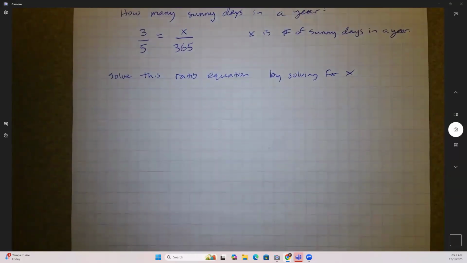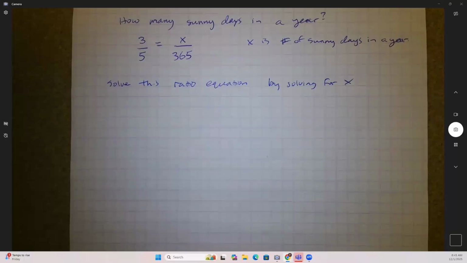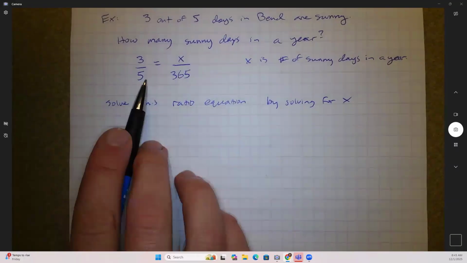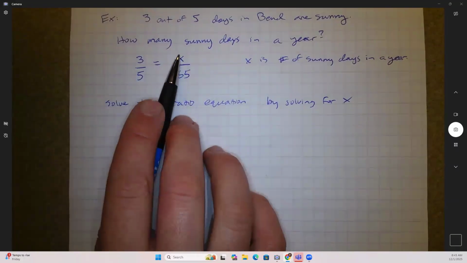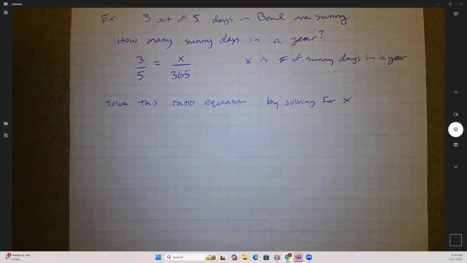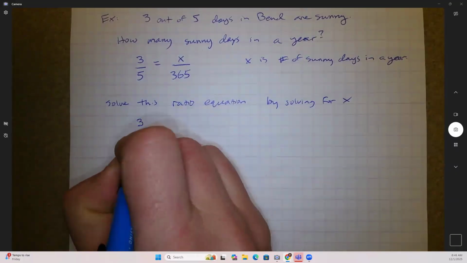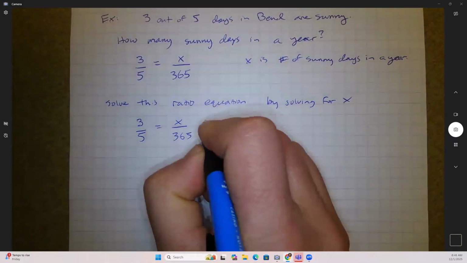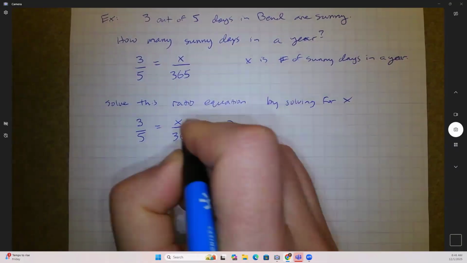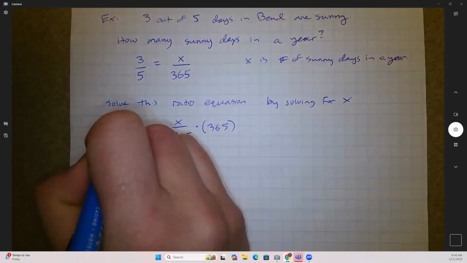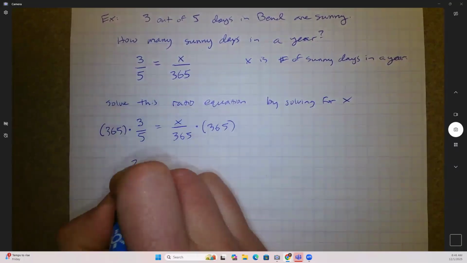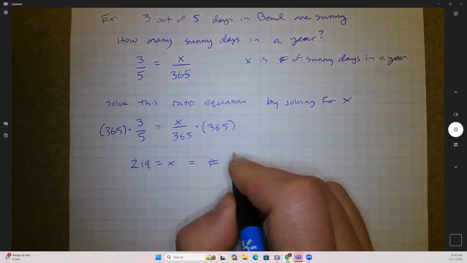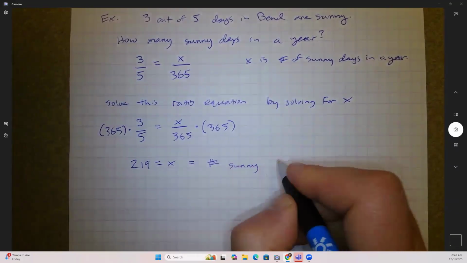A lot of ratio equations boil down to a fairly simple one fraction equals x over another number. And so all we have to do is take the 365 and multiply both sides by 365, and we get x equals 219, which I did earlier.